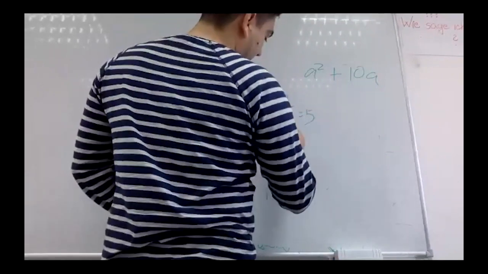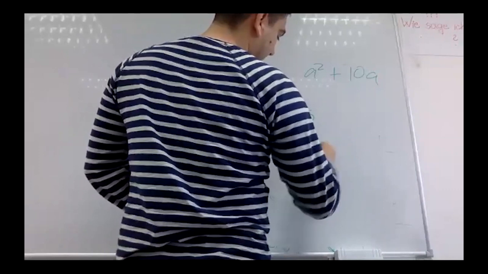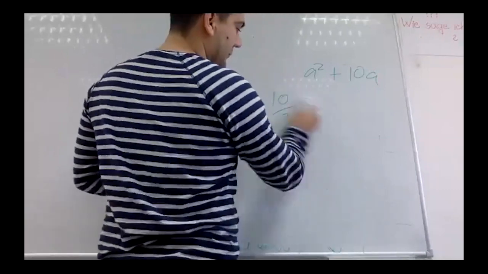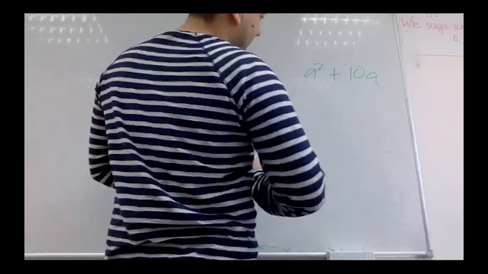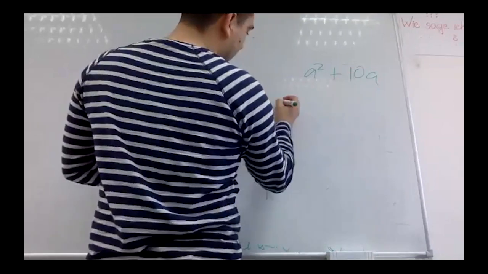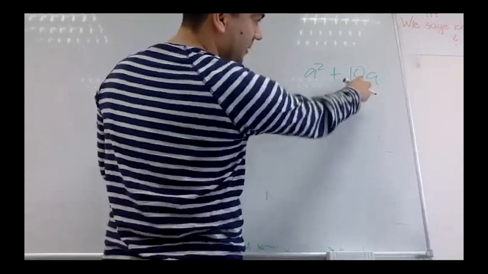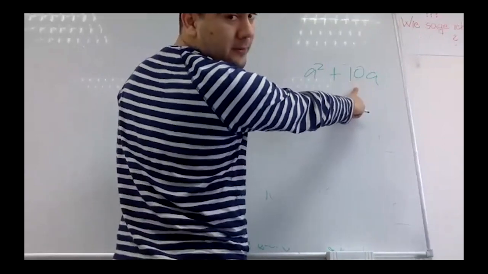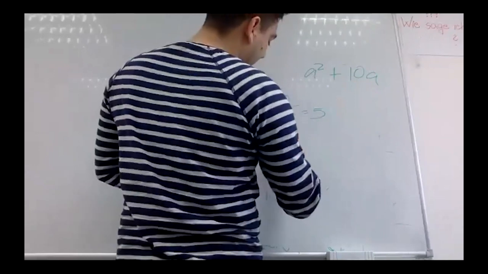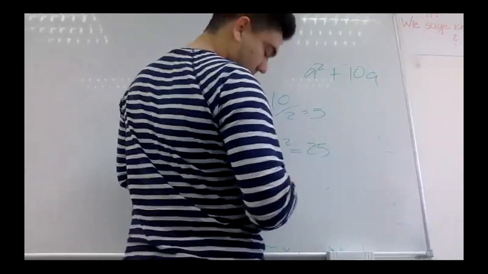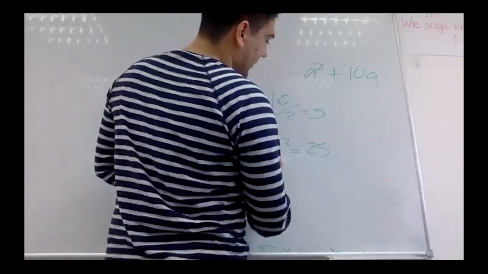So I have to find 5 squared, which is 25, you know? 10 divided by 2 is 5. And then 5 squared is 25. Yeah, exactly. Okay, all right.